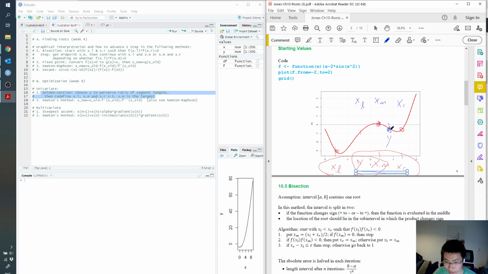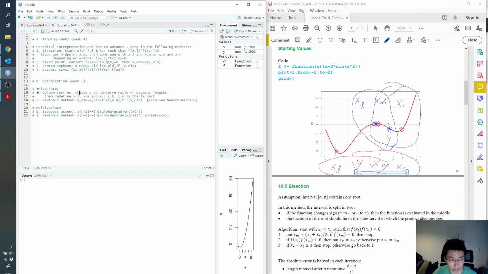I evaluate the function at this y, and again, I have to choose either these 3 or these 3 points to continue, and I always make sure that the function evaluated at the middle point is higher than the function evaluated at the other 2 points. And if I continue to do so, at some point, I will converge to this local optimum here.